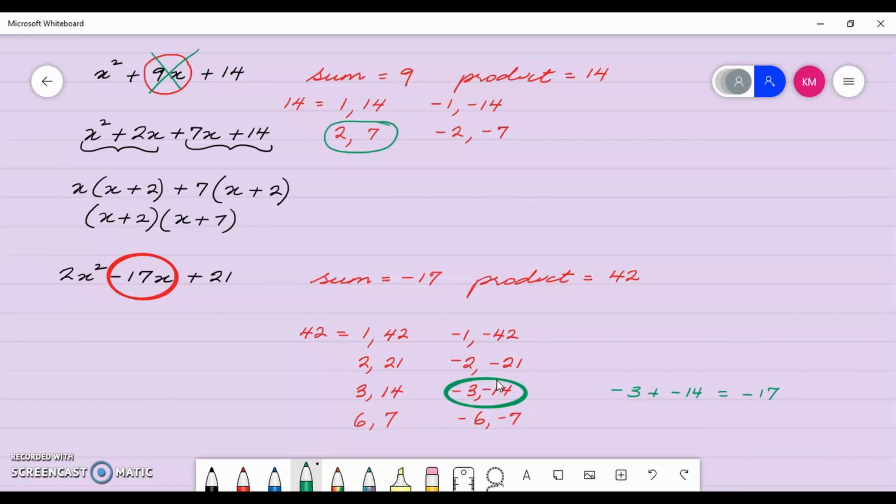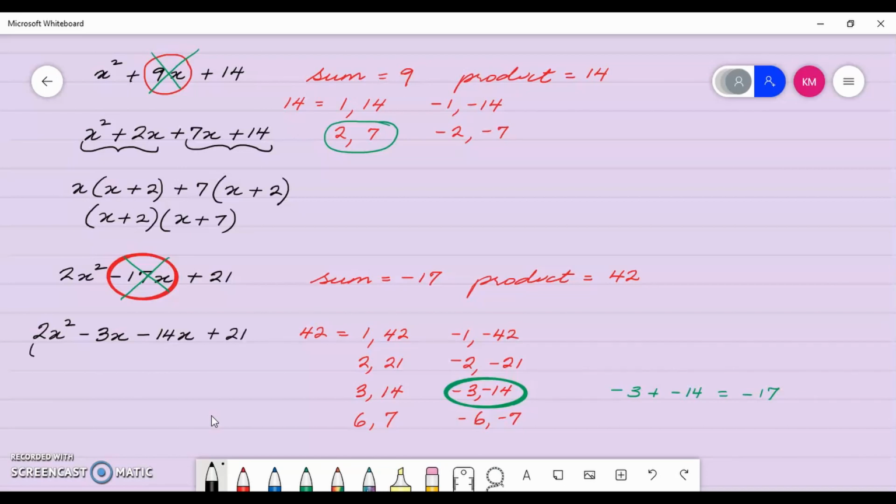So I am replacing this middle term with those two numbers. So I'm going to write 2x squared, remember it's negative 3 in that two numbers there, so it's negative 3x, take away 14x, and I put back my positive 21.